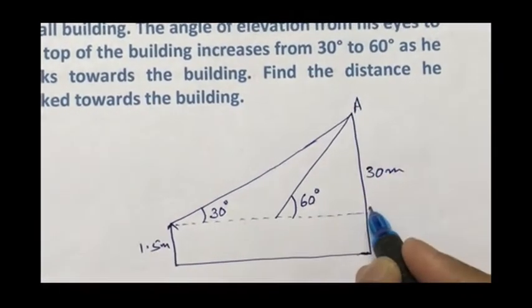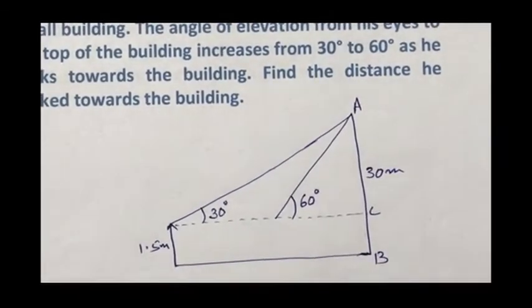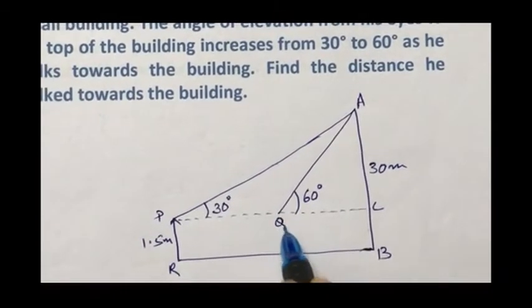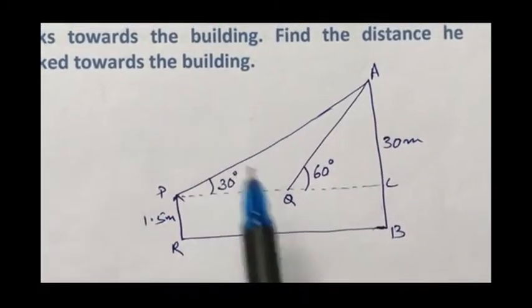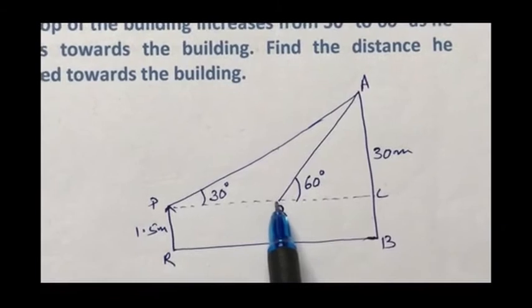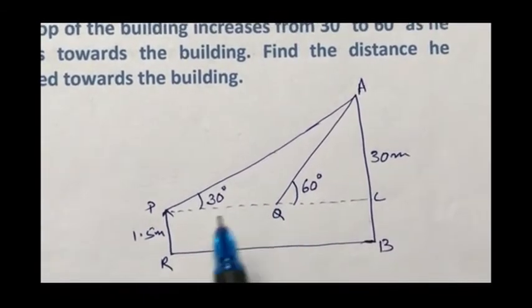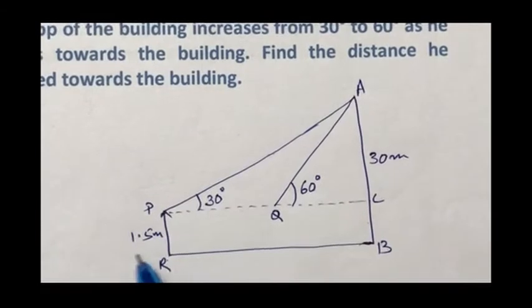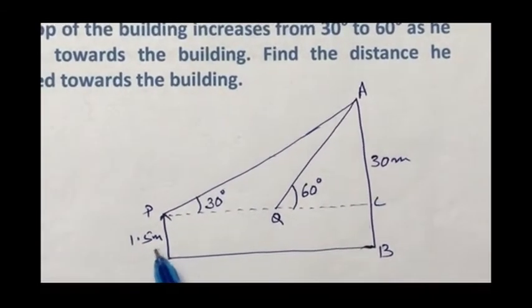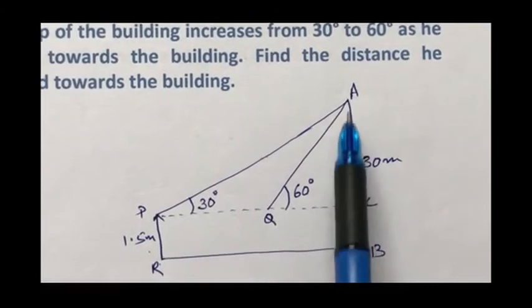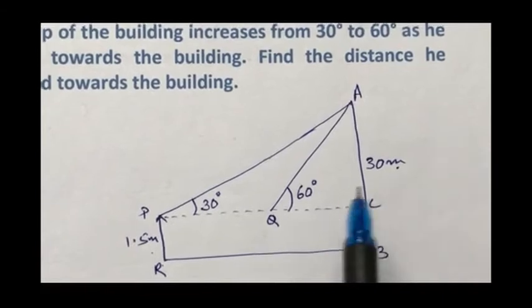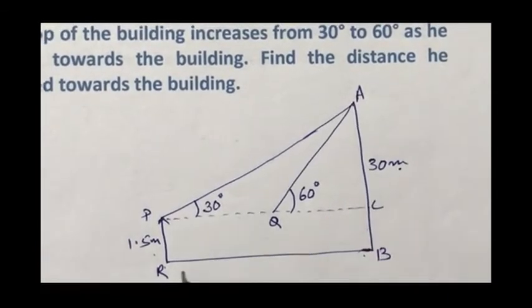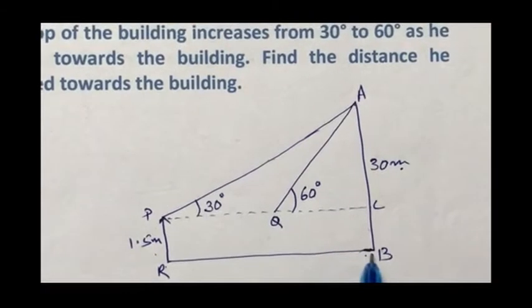So let this be A, this is C, this is B, this is P, this is R, and let us name it as PQ. Find the distance he walked towards the building. That means you have to find out PQ. So first understand what is the question. Question is, we have a PR, a boy of height 1.5 meter, and here towards some distance, there is a tall building which is 30 meter high, and this boy is walking towards the building.